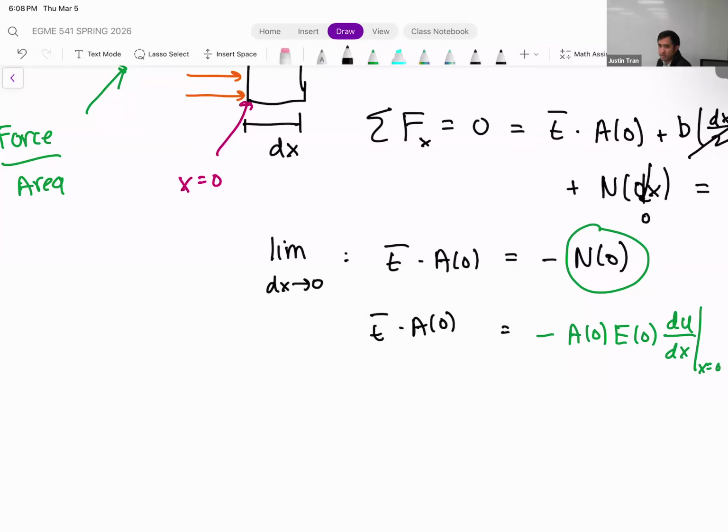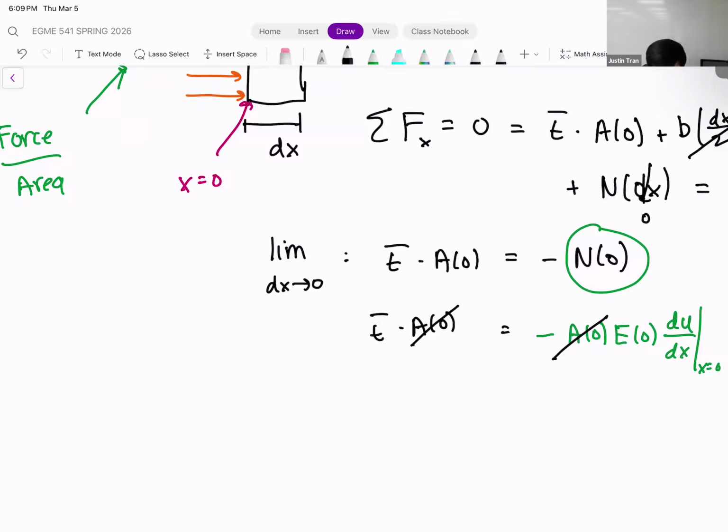The left-hand side of the equation stays the same, so we still have t bar multiplied by a of 0. We can see here that we have an a of 0 on both sides, so we're just going to cancel those out. They are the same term.